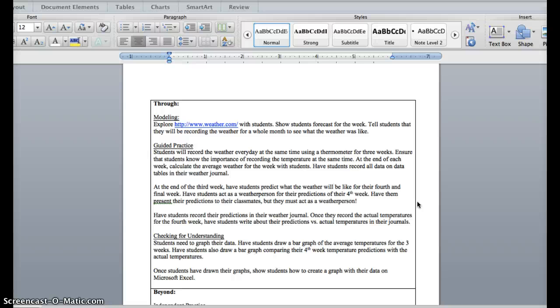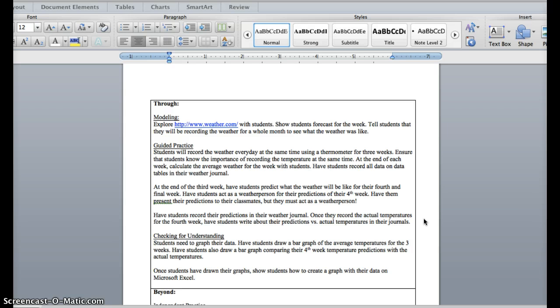Now, they're going to record the forecast for those 3 weeks every day, and they have to record it at the same time. And then at the end of the 3rd week, they're going to have to predict what the weather will be like for the 4th and final week. Now, before the 4th week, they have to act as a weather person for their predictions, and they have to tell the class their predictions.